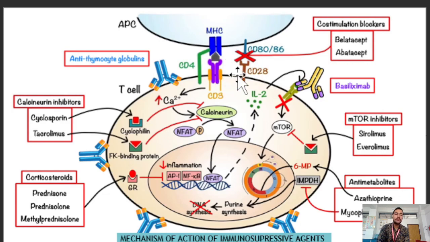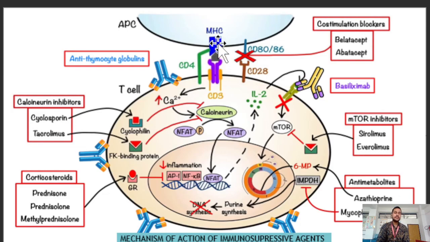After both bindings take place, the signal transduction is carried through this MHC, which stands for major histocompatibility complex, forward to the T cell.